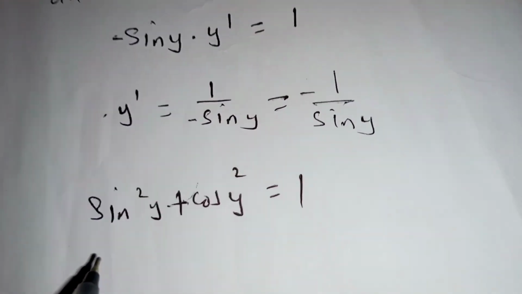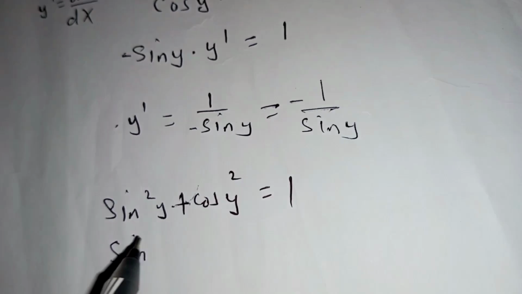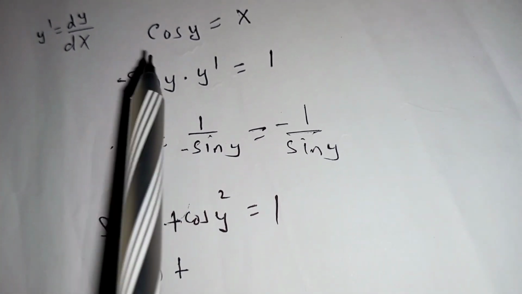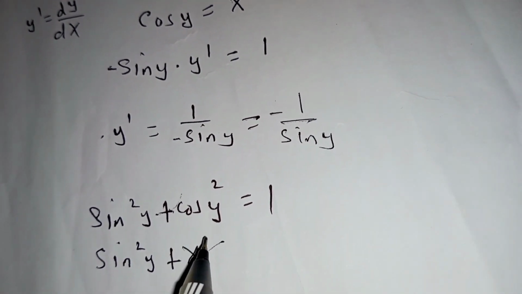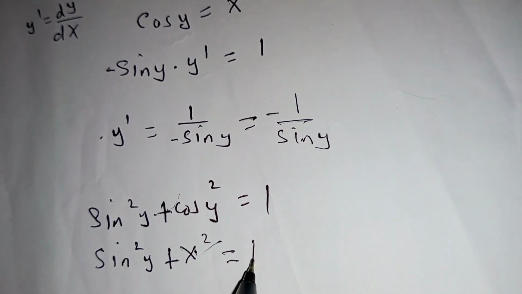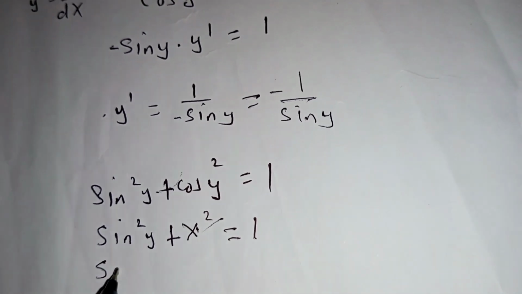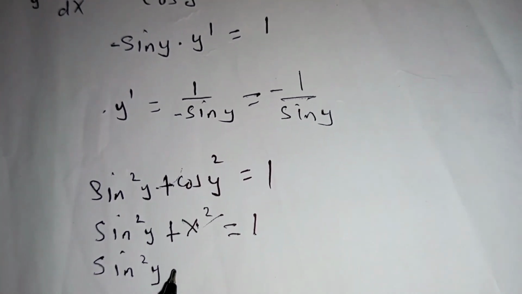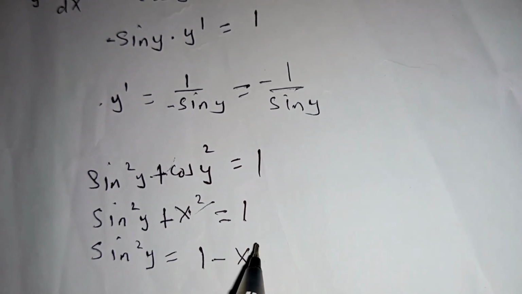So when we substitute, we shall be having sine squared of function y plus, instead of cos y, we write x and we square it, which is equal to 1. Then we subtract x squared from both sides, so that on the left hand side we shall be left with sine squared y, which is equal to 1 minus x squared.